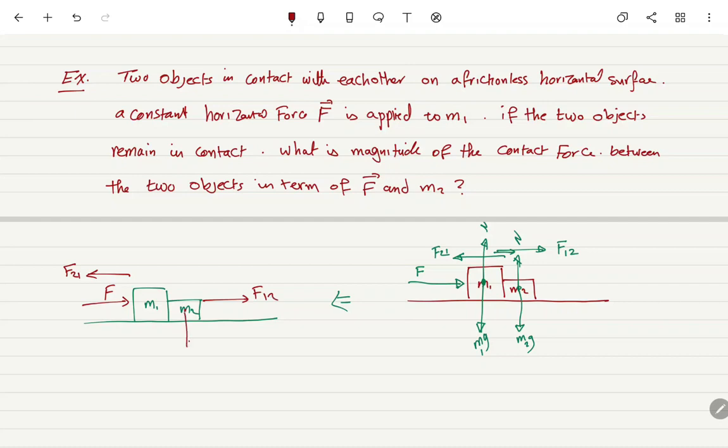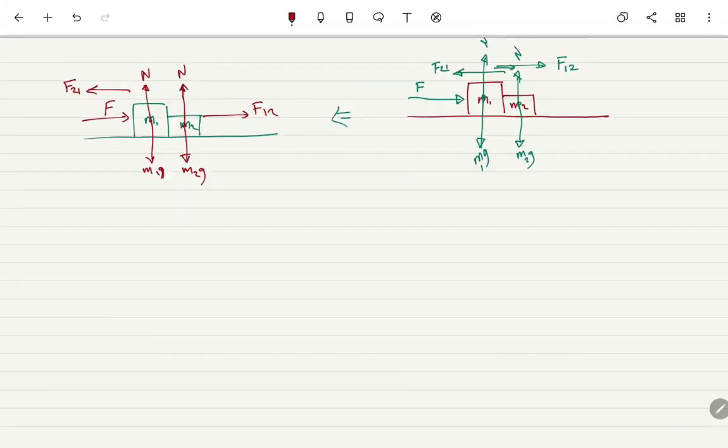We have the weight m2g and the normal force. It has to be the same length, by the way. And here the m1g, and this is the normal force. Now let's start solving this.